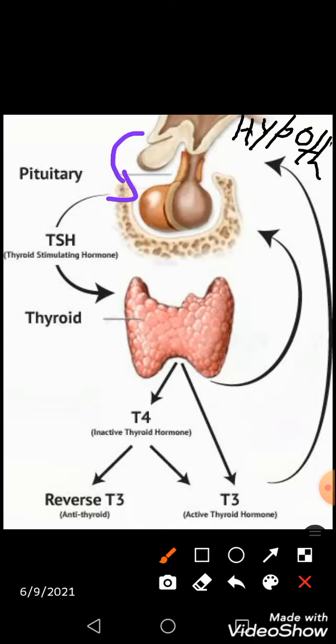Whenever your body is feeling cold or low body temperature, that becomes a stimulus to your hypothalamus, and it releases thyroid releasing hormone. It causes the anterior pituitary to release TSH, thyroid stimulating hormone. Then it stimulates your thyroid, and it will release T3 and T4, and these stimulate the target organs to cause increased metabolic activity.